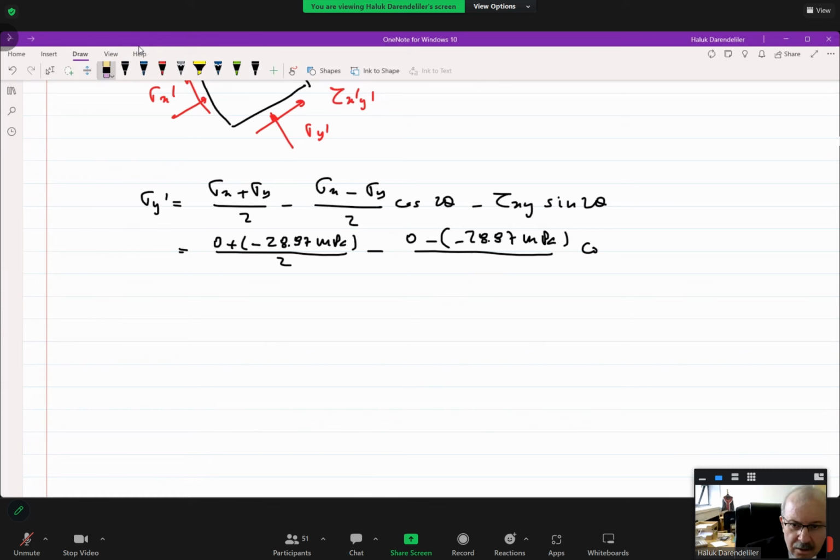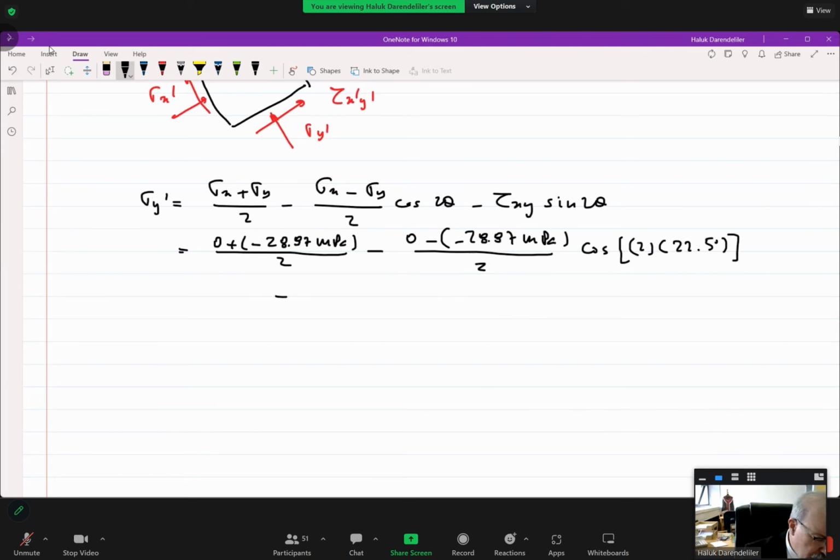Just a minute. Cosine 2 times 22.5 degrees. 22.5, right? Yes. What else?